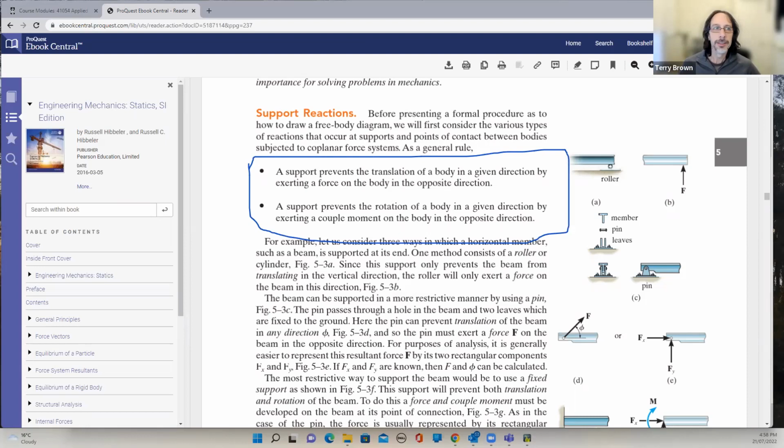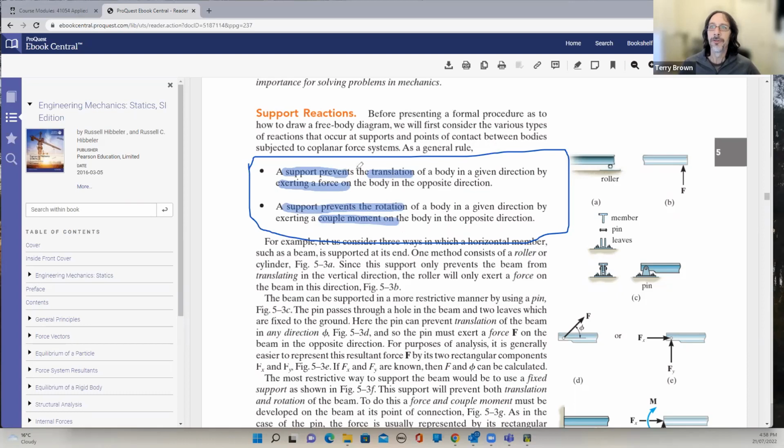If the support prevents translation, then there's an exerting force on the body. So if we prevent translation, then there must be a force. If the support prevents rotation, then there must be a moment reaction.